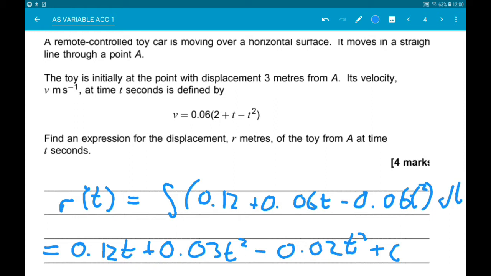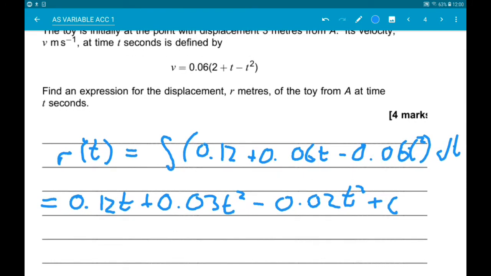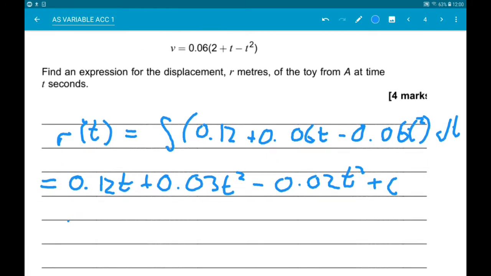We know at time t equals 0, we were told initially the toy is 3 meters from A. So that tells us when t is 0, r is 3. Now that tells us that c is 3. All of the t terms disappear.